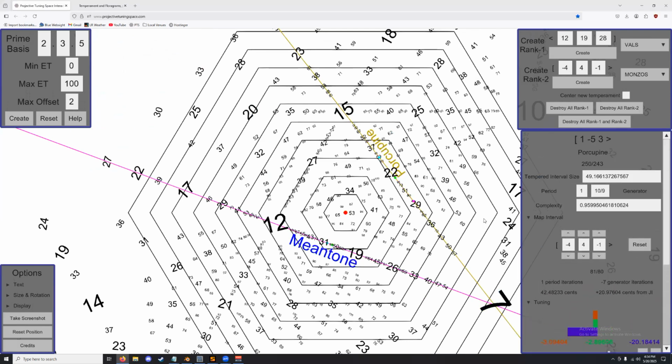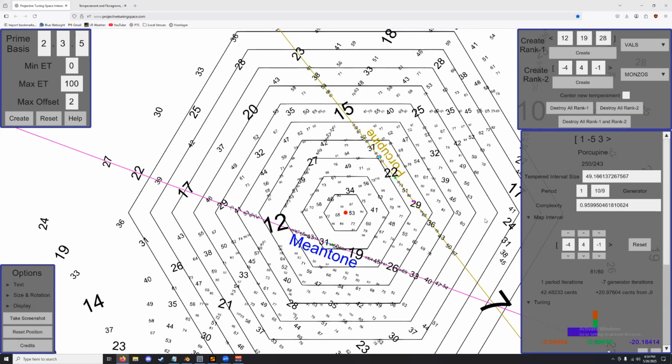One thing I really enjoyed doing with Projective Tuning Space.com when I first discovered it was, of course, you're showing us the lines that would be in Paul Erlich's diagram, and there are many others that are also obvious and that are tunings that other people have studied and know about. But I love just trying to click a number and then trying to click one that's really weird and out there and trying to make a line between them.